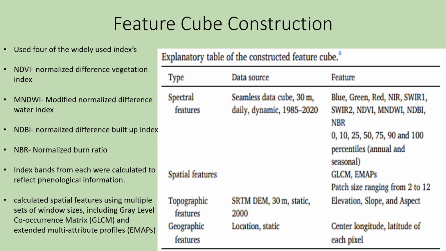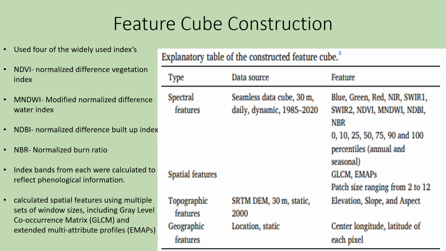So this is the seamless data cube feature cube construction, and this table over here breaks down how they put this together over 1985 to 2020. This data cube is going to encompass a lot of the indexes that we've used in our class, like the normalized difference vegetation index.